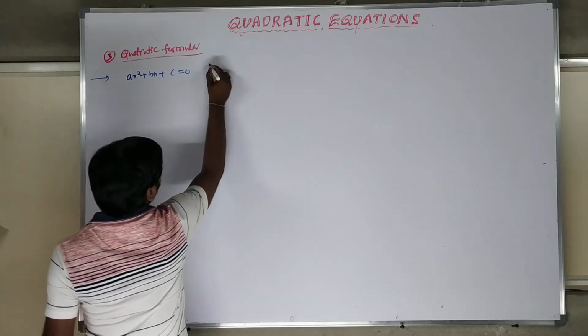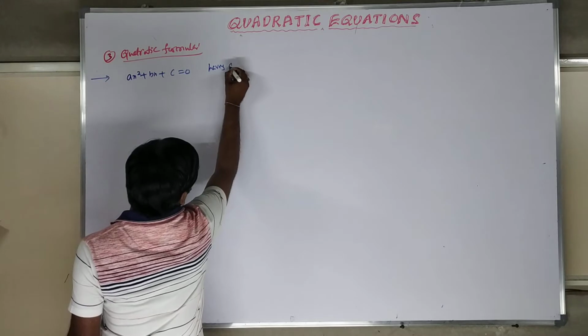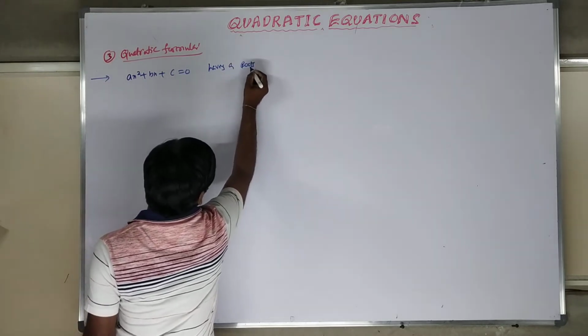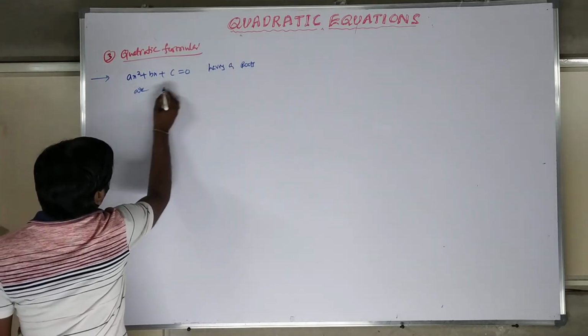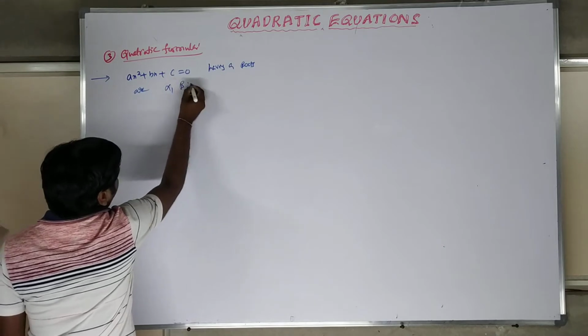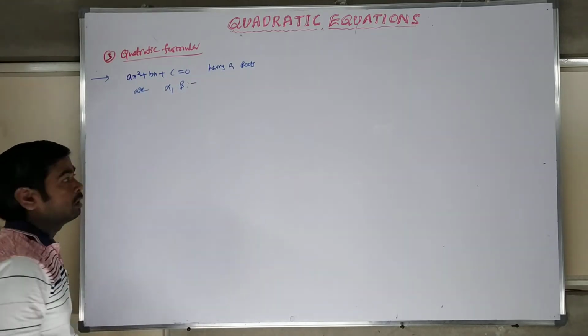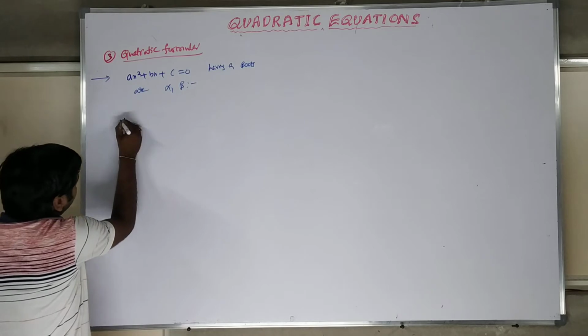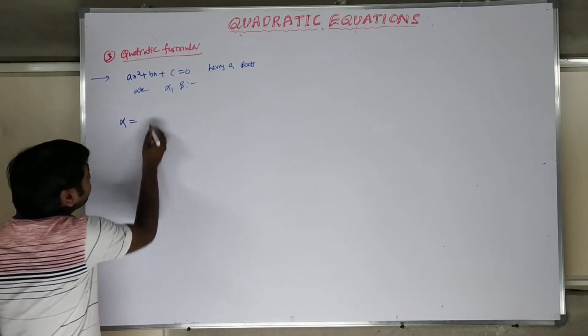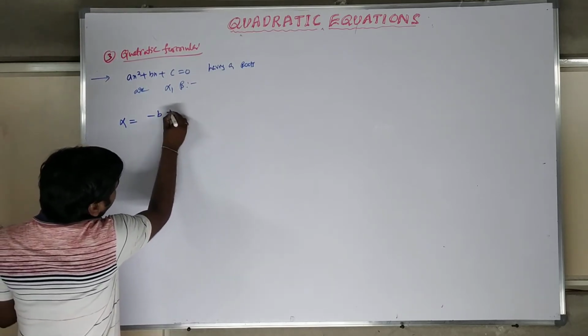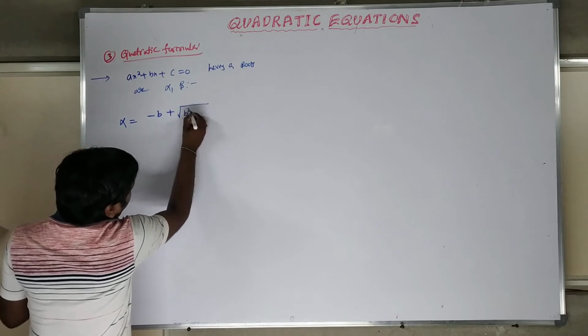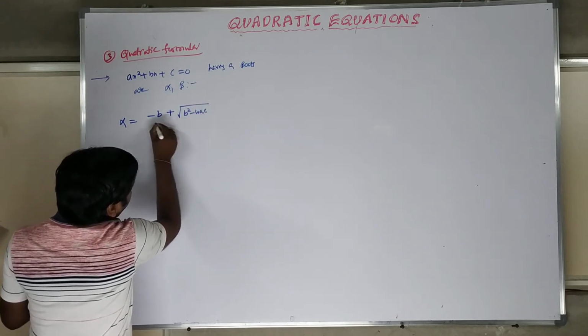So let the roots be alpha comma beta. How to find alpha comma beta? Direct formula. Alpha is equal to minus b plus under root of b square minus 4ac by 2a.